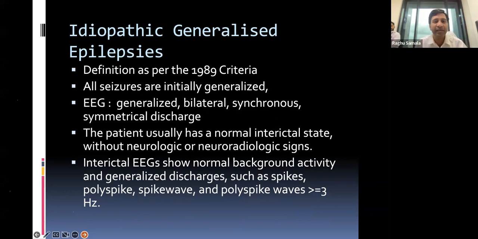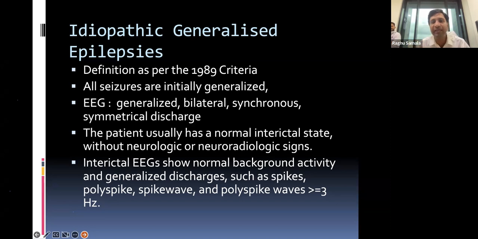It means you can have bifrontal synchronous symmetric, or biparietal, or bioccipital synchronous and symmetric discharges. If you have synchronous and symmetric discharges in the homologous leads, then you can call it generalized. So you can use terms like frontal dominant generalized, parietal dominant generalized, or occipital dominant generalized, based on which homologous leads are showing it.